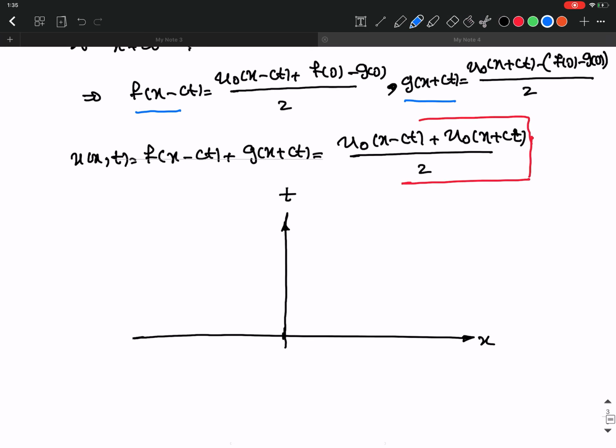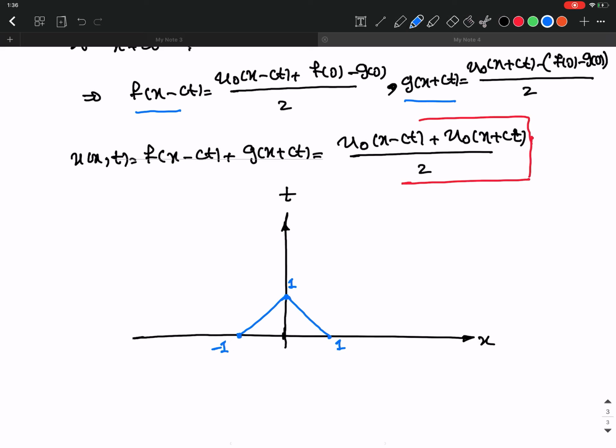I can just draw it. So it's gonna be something like this, where here is 1, here is 1, and here is minus 1.